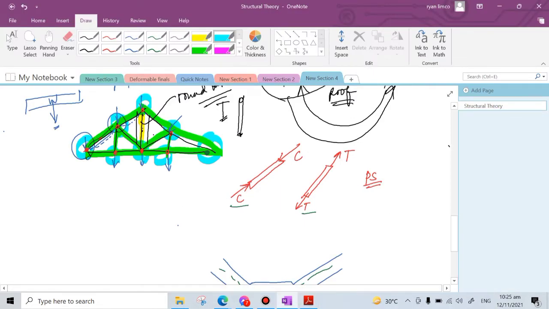So, pag naglalagay ka ng loads, dapat sa joint lang like this one. And kapag sa reaction, dun ka lang rin sa joint paglalagay ng reaction. Pwede kang maglagay ng reaction dito as long as yung reaction mo ay nandun sa joint. Huwag kang maglagay ng reaction dun sa pagitan. Hindi siya pwede sa assumption natin.